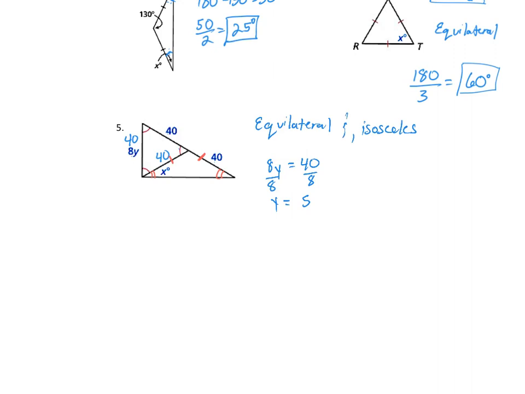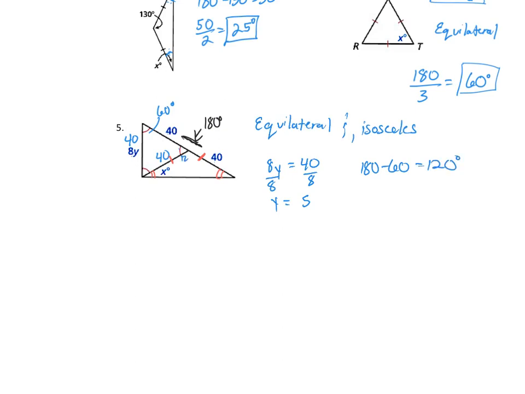So this is 40, this is 40. I know this here is a straight line, so this has to add up to 180 degrees. We already proved that one angle of an equilateral has to be 60 degrees. So I know these have to be 60 degrees. I take 180 minus 60 and that gives me this vertex angle on the top, 120 degrees.